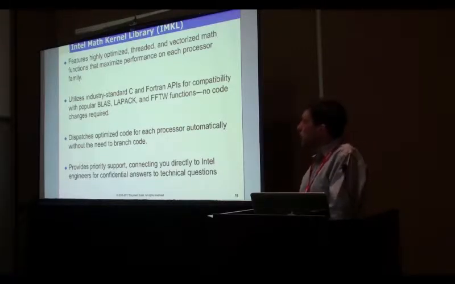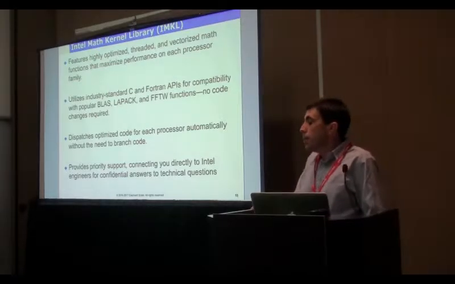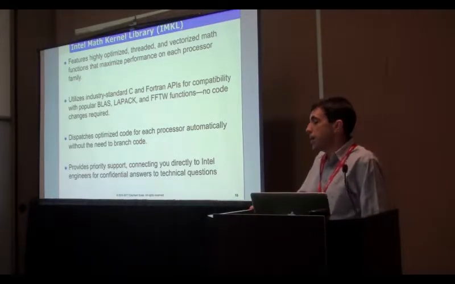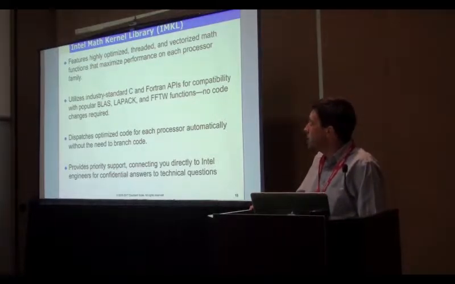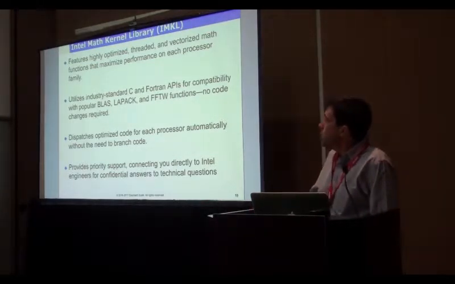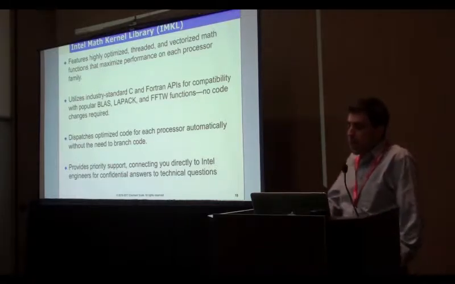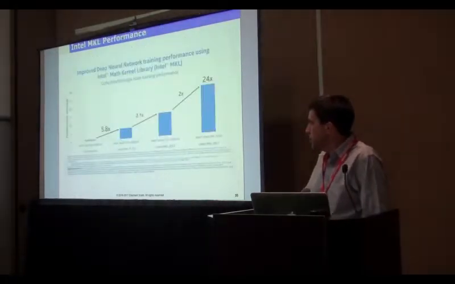This will integrate with other libraries like NumPy and SciPy in Python that use those under the hood, allowing them to be accelerated. It also means we can deploy that code automatically without the need to branch code.